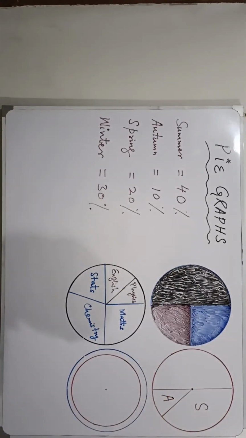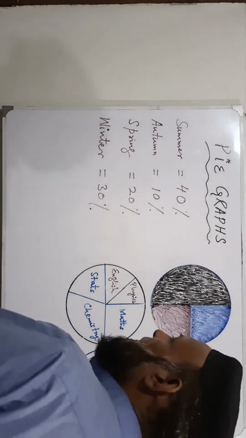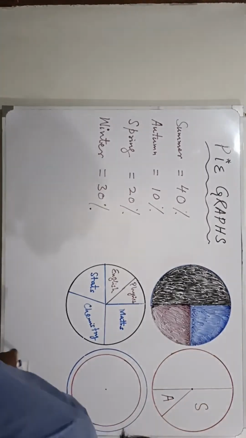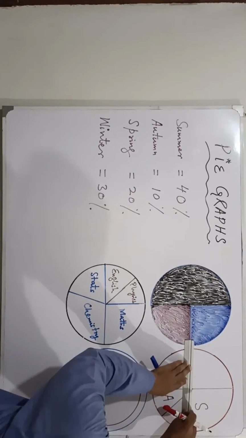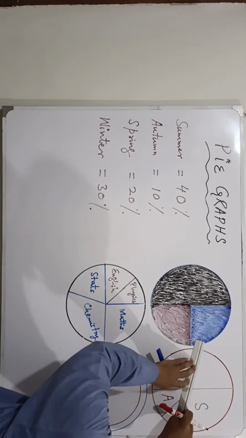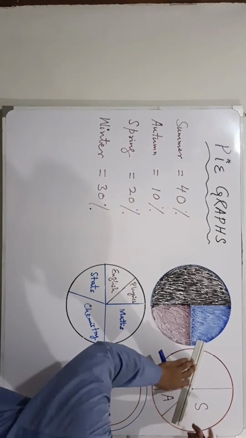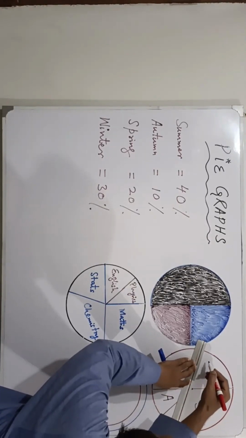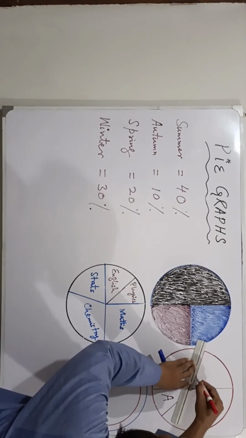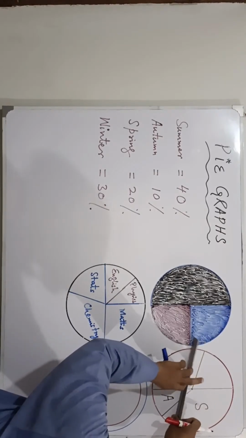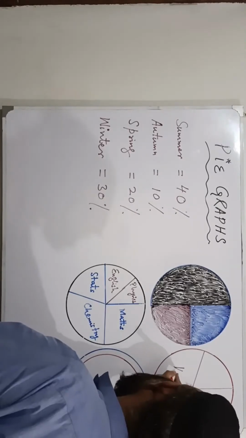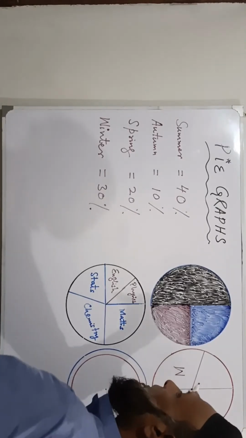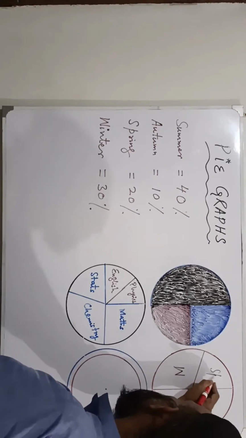And what about spring and winter? 30% is winter and 20% is spring. So this is 25, move slightly to get 30, and say this is 30. So this is winter, and this is spring.